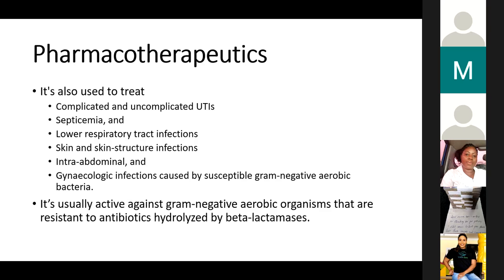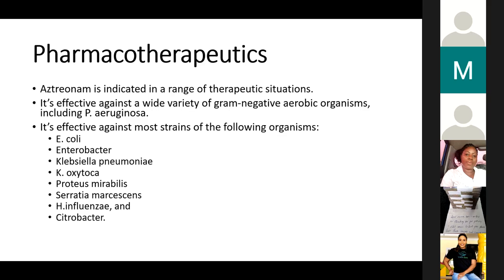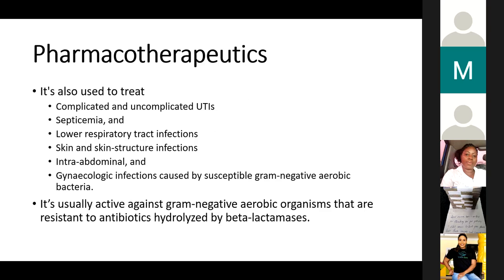Most of these microorganisms cause urinary tract infection because they are enteric flora, found in fecal flora. So you have a lot of complicated and non-complicated UTI, septicemia, lower respiratory tract infections, skin and soft tissue infection, intra-abdominal infections, gynecological infections.